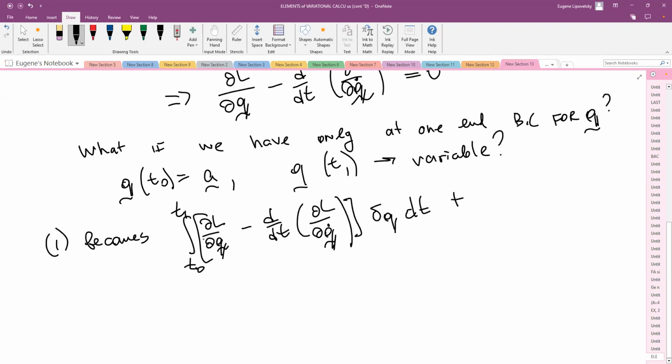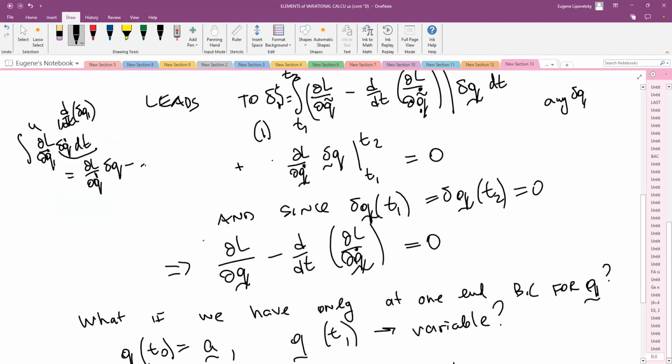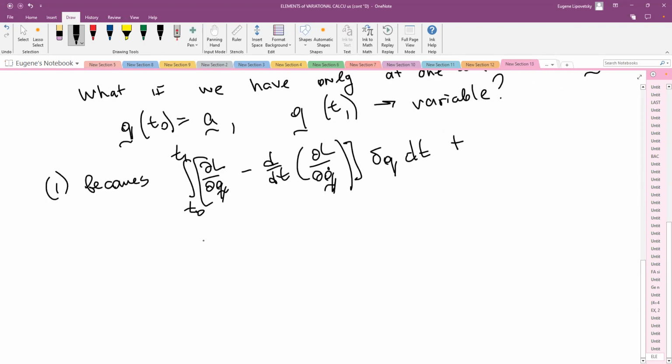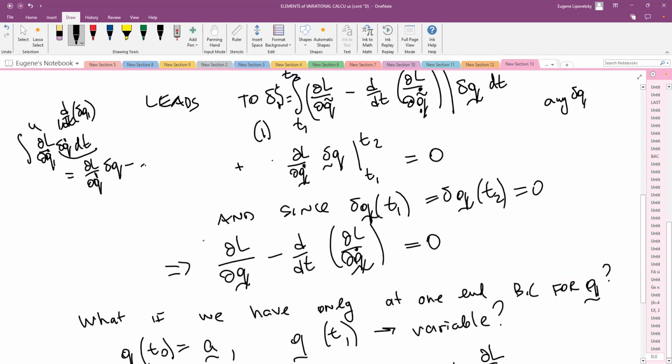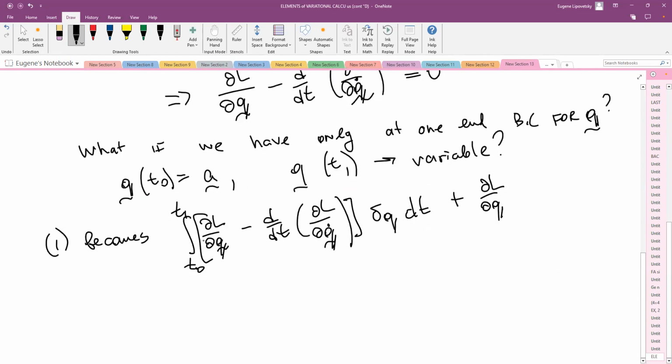Remember, this term disappeared. Now only one of them disappeared, the other one stayed, plus dL over dQ dot times delta Q, and that's at t1.